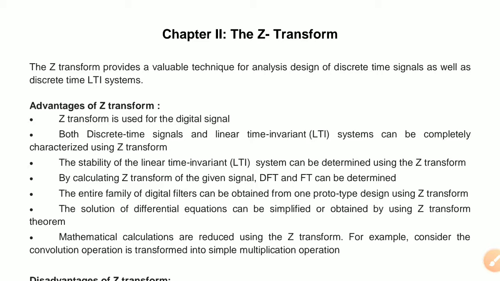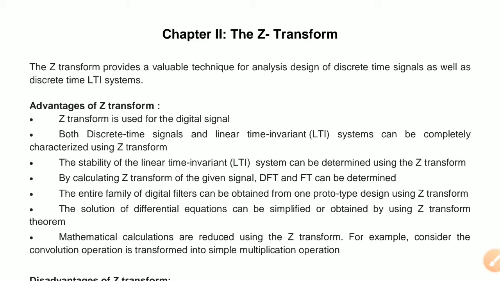be determined. The entire family of digital filters can be obtained from one prototype design using the Z transform. As you have already learned, analog filters are different and digital filters are different. The filter section is section B in this subject, that is FIR filter and IIR filter.